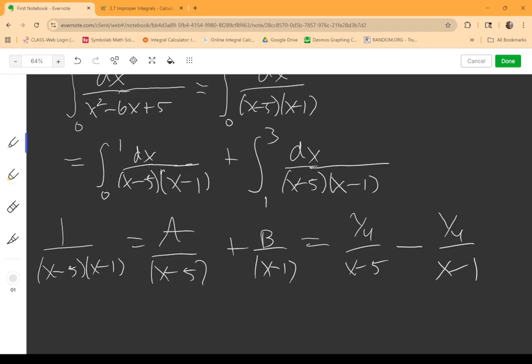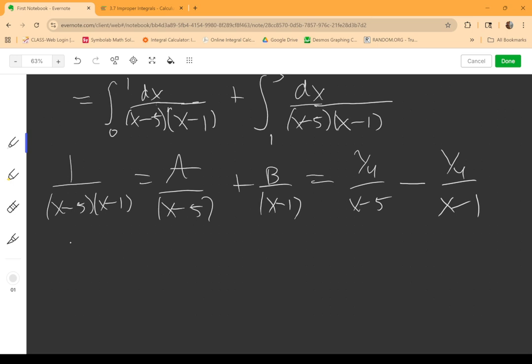Okay, so now I'm going to start with the first one here from 0 to 1. So here, there is a discontinuity at 1. So the limit as t goes to 1 of the integral from 0 to t of 1/4 over x minus 5 minus 1/4 over x minus 1 dx.